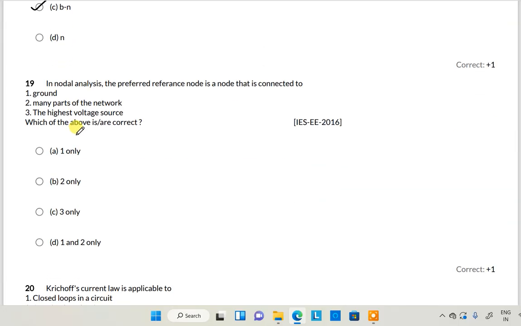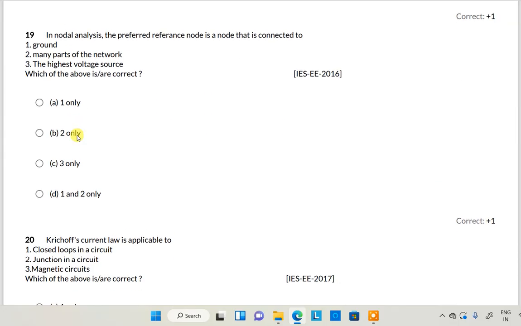Next one. In a nodal analysis, the preferred reference node is connected to first one ground, second one many parts of the network. So option D is the correct option.